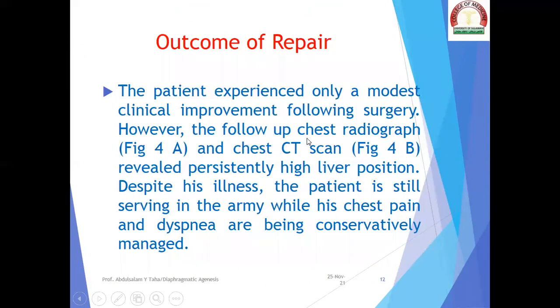However, the follow-up chest radiograph and chest CT scan revealed persistently high liver position. Despite his illness, the patient is still serving in the army, while his chest pain and dyspnea are being conservatively managed.